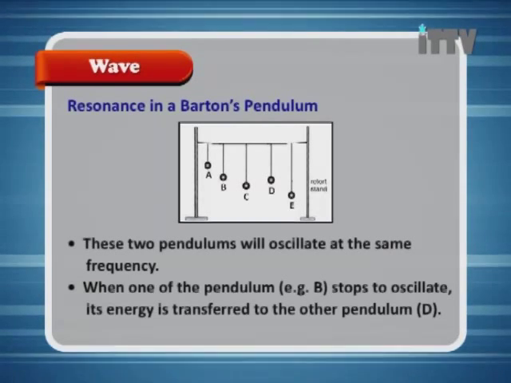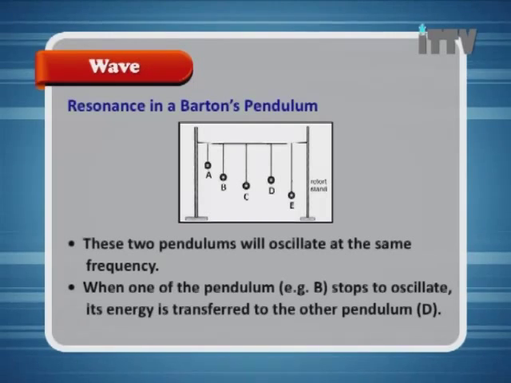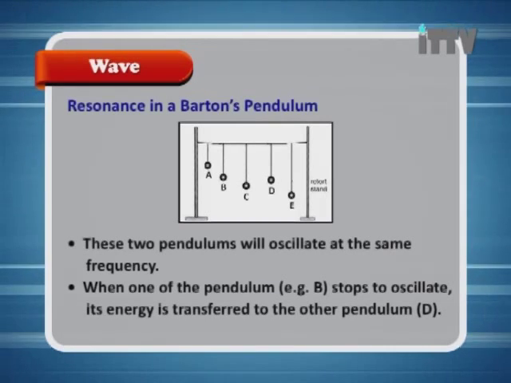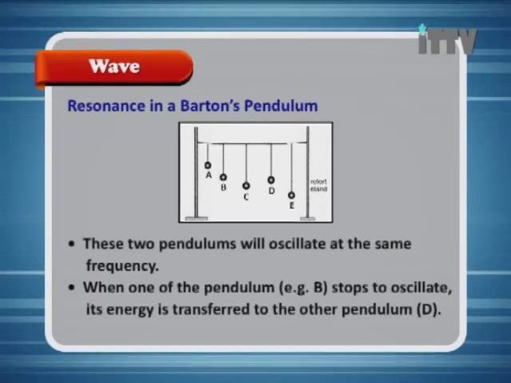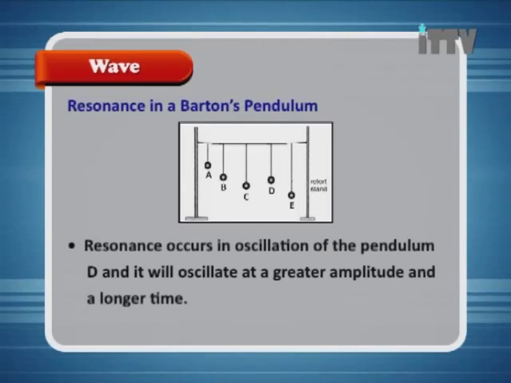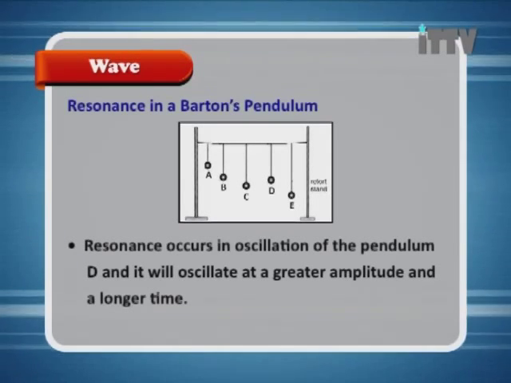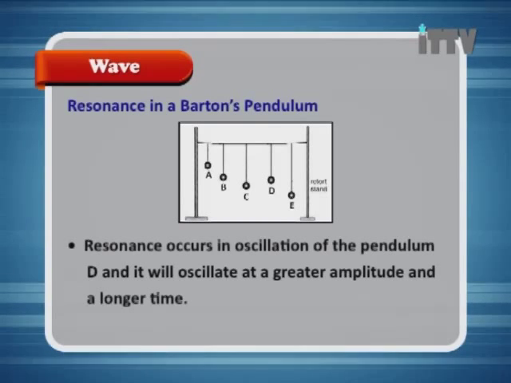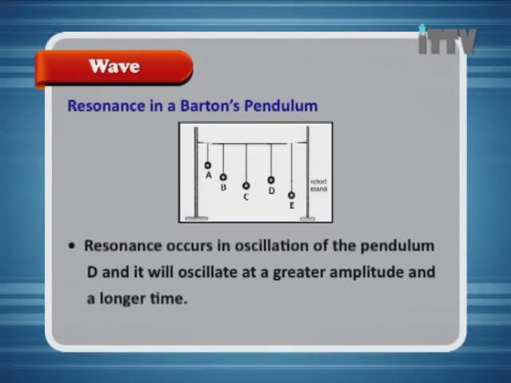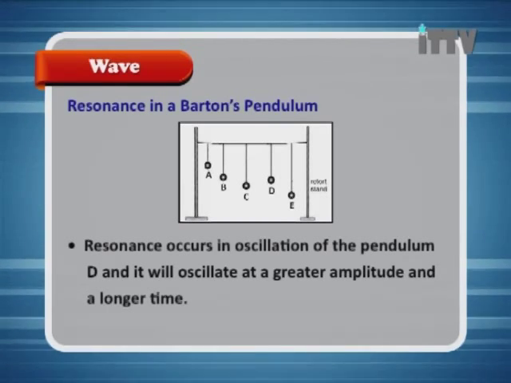When one of the pendulums, for example B, stops oscillating, its energy is transferred to the other pendulum D. Resonance occurs in the oscillation of pendulum D, and it will oscillate at a greater amplitude and for a longer time.